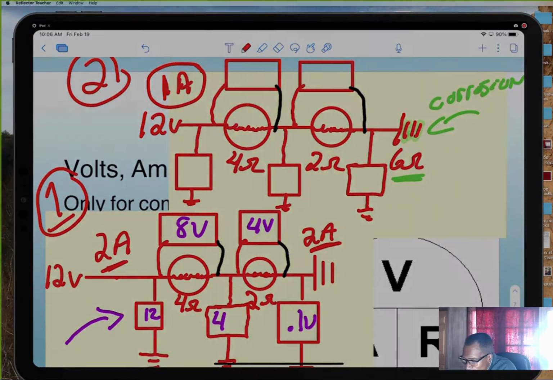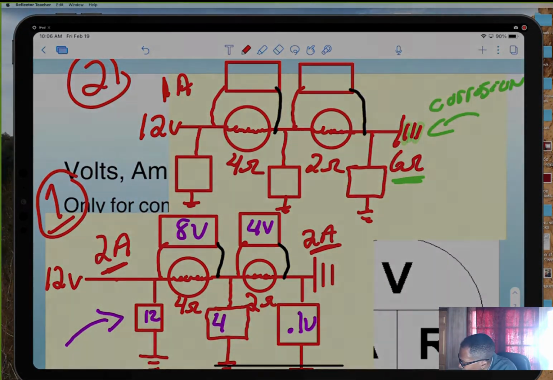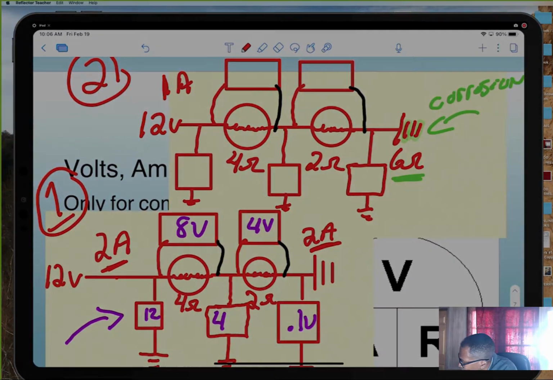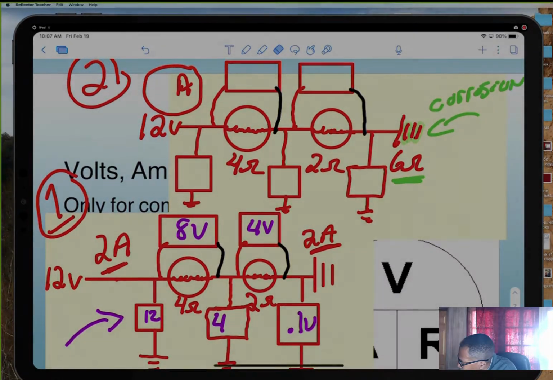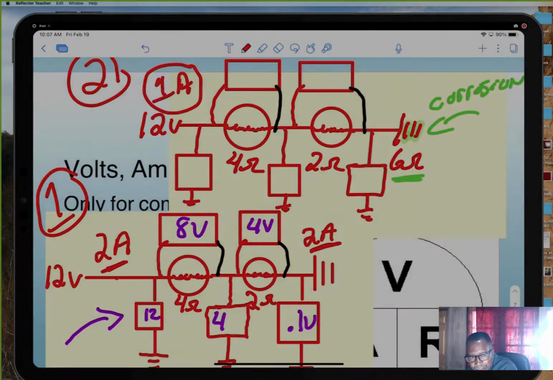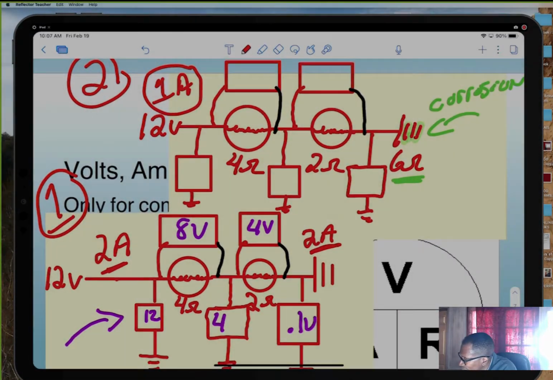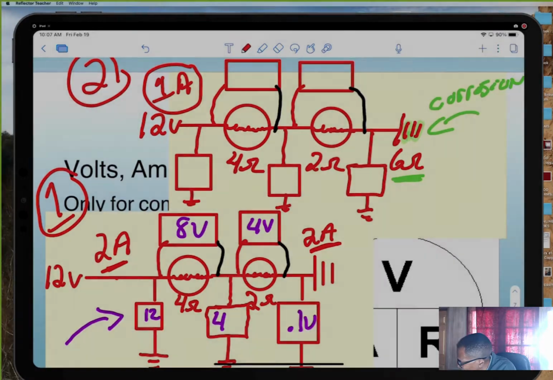Remember the rule: high resistance, low current. We talked about that before. The higher the resistance, the lower the current. They're in proportion to each other. So now we know our current just went down.